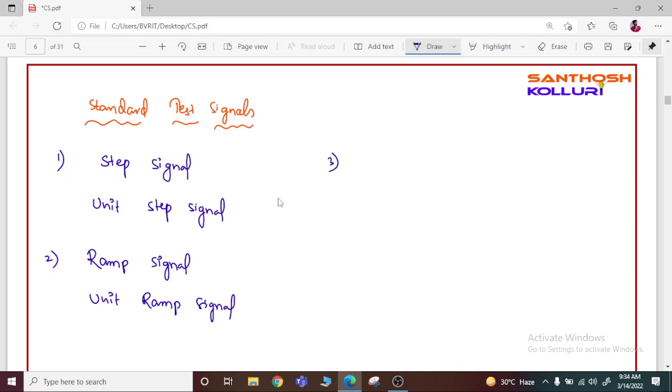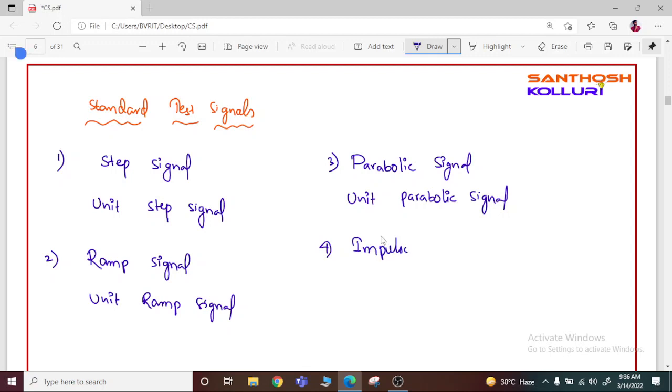Third one is parabolic signal, or unit parabolic signal. Fourth one is impulse signal. And the fifth one is sinusoidal signal.